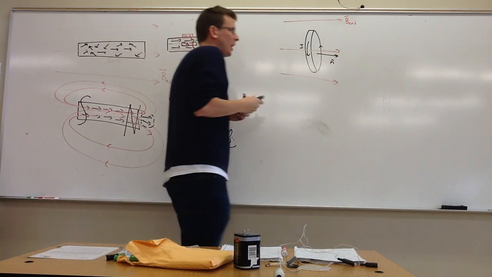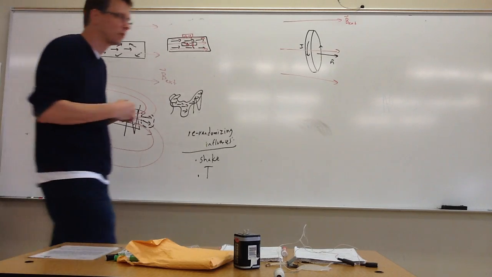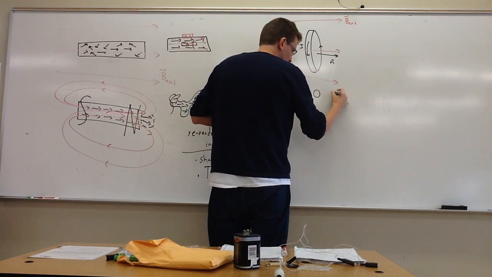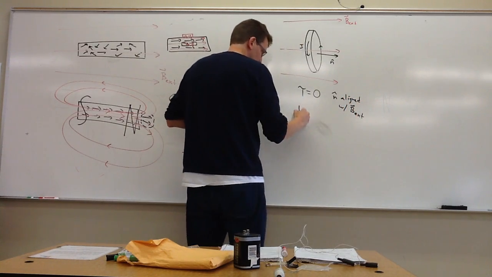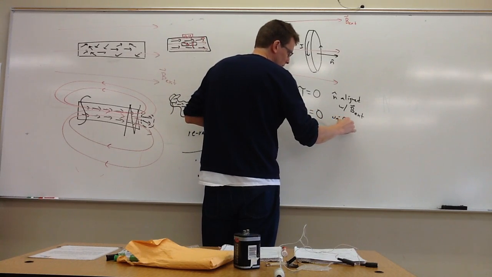We check if it's aligned with the field. In this case it is, so does it experience any torque? Nope, no torque. So the torque is 0 because the normal is already aligned with the external field. And the net force, of course, is 0 because it's a uniform field.